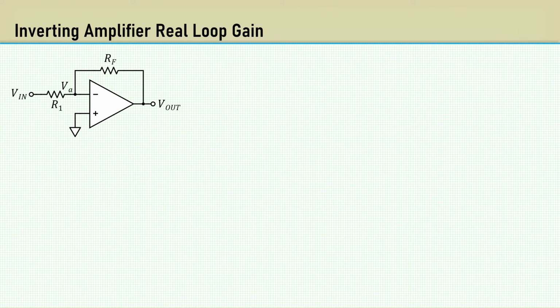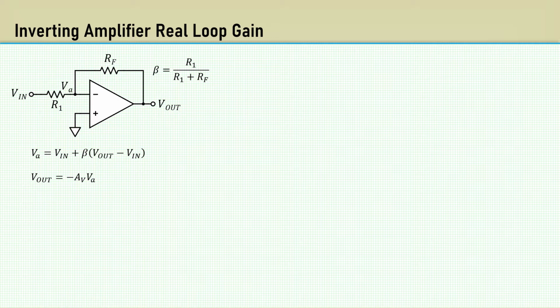Let's go ahead and derive a closed loop equation for the inverting amplifier in terms of beta being the same as for the non-inverting configuration, R1 over R1 plus RF. The voltage at the inverting input can be written as a simple voltage divider between Vout and Vin. With the non-inverting input grounded, Vout is just the open loop gain, AV times VA.